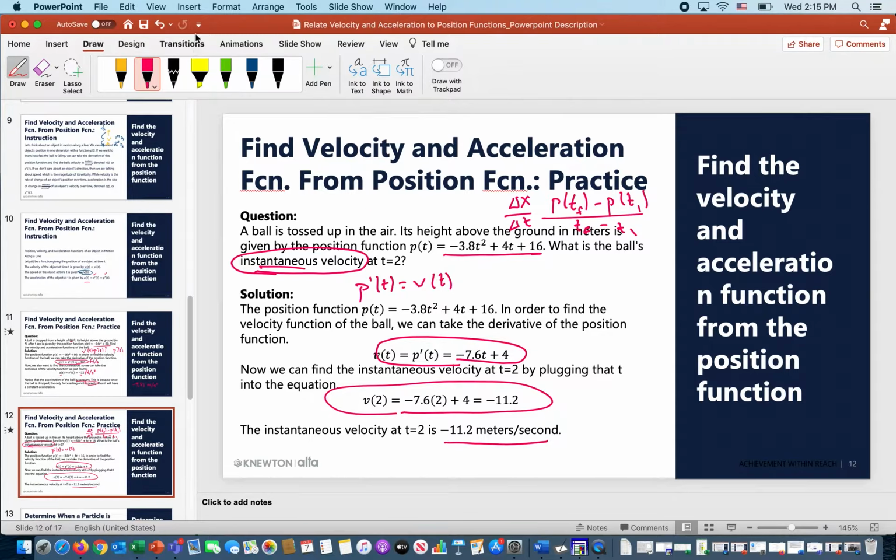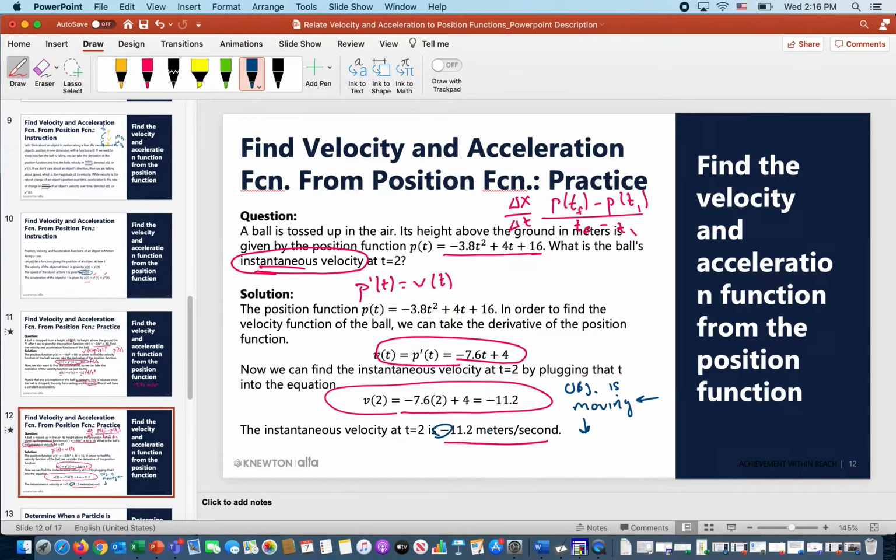So there are a couple of things that we can say about this instantaneous velocity. One of those things is that the object is moving to the left or down, and I know that because of the negative sign that's indicated here.